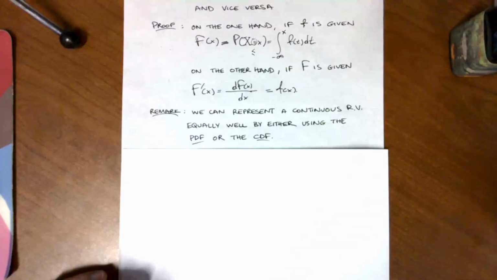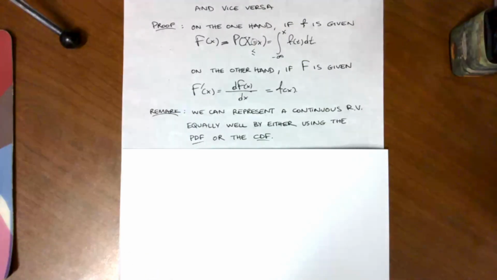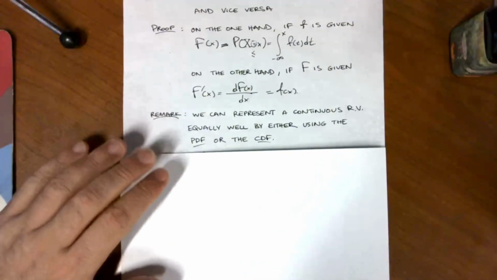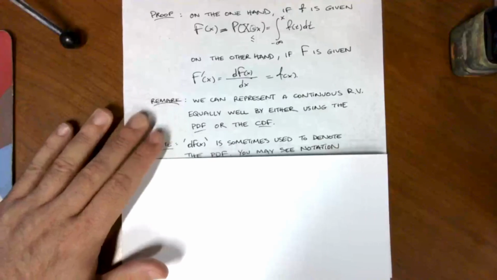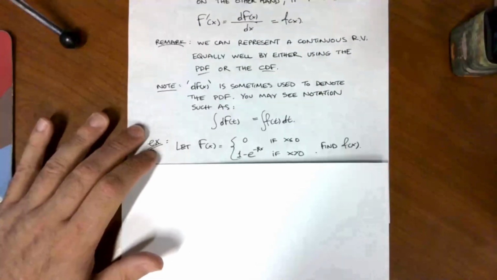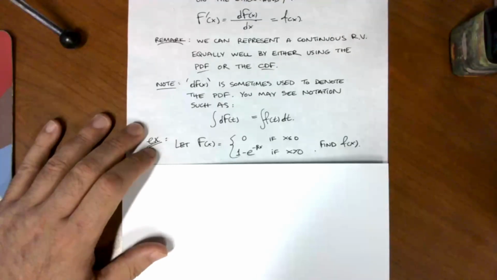You can equally represent a continuous random variable either by using the PDF, or PF in the discrete case, or the CDF. You can use the accumulated probabilities or you can use the densities of the probabilities for the description of the processes that you're thinking about through these functions.